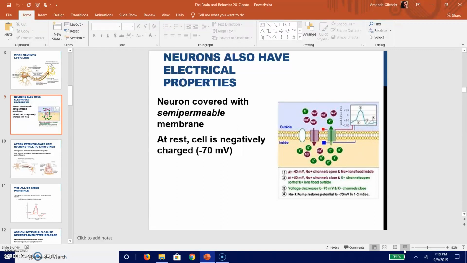On the other hand, we have things like the sodium-potassium pump and other ion channels, especially for ions like potassium, that allow them to come and go freely. But for whatever reason, sodium really can't. And that contributes to what we call the resting membrane potential, at negative 70 millivolts.